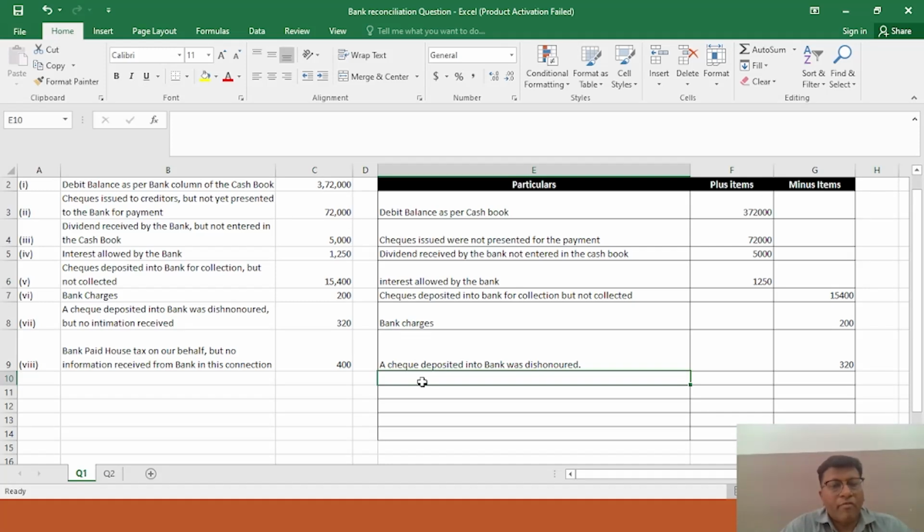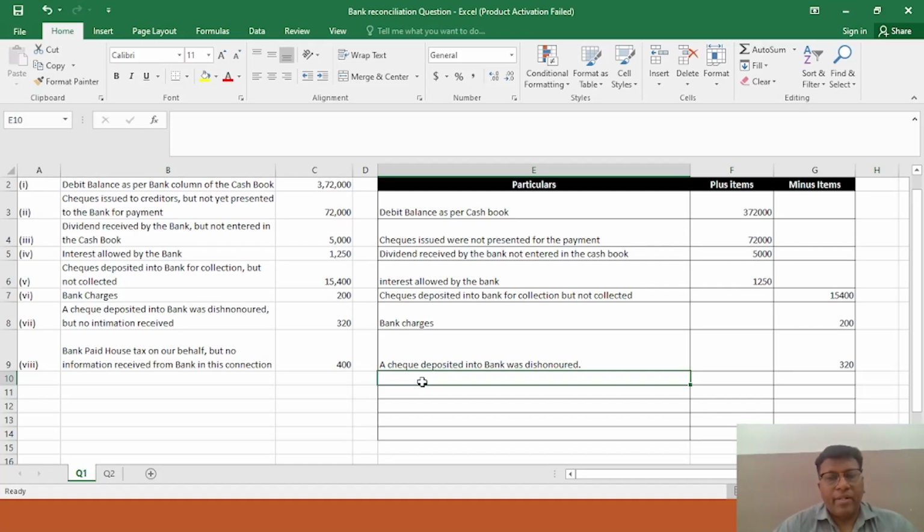But no information was received from the bank in this connection, so you are not receiving the information for this transaction, but exactly this expense took place, and the bank has debited rupees 400 in your bank account. Okay, on behalf of the house tax.